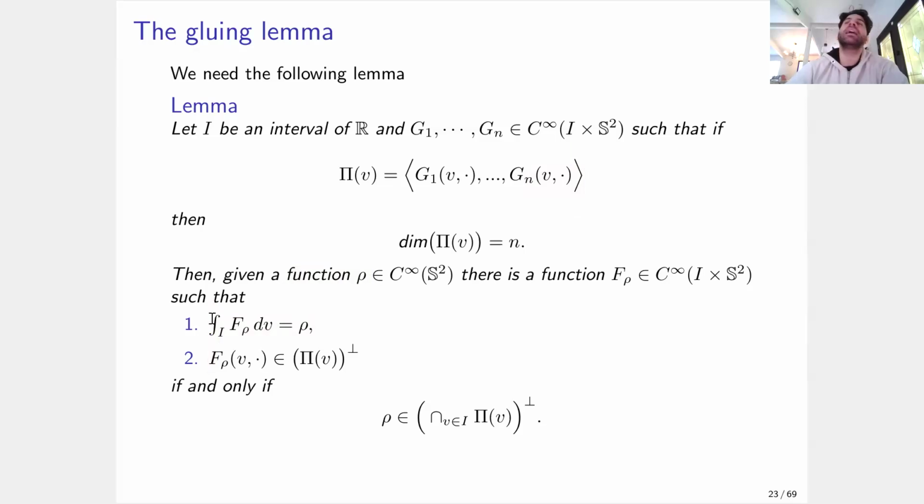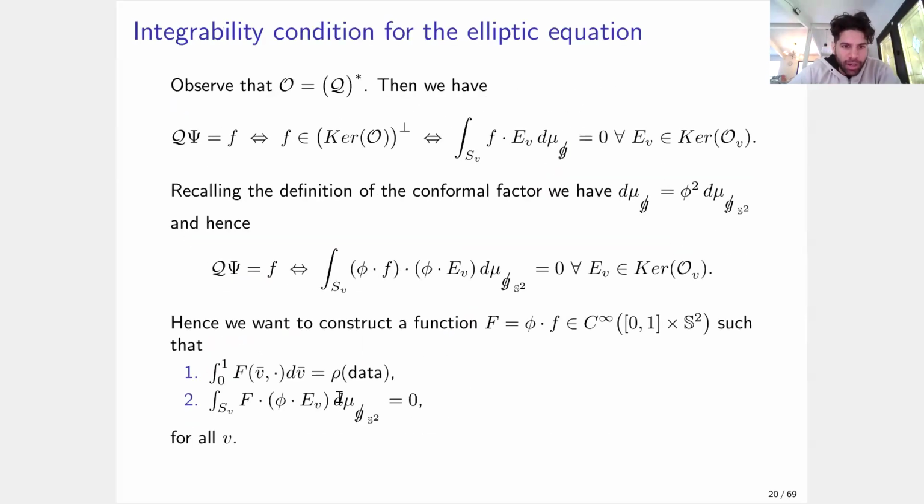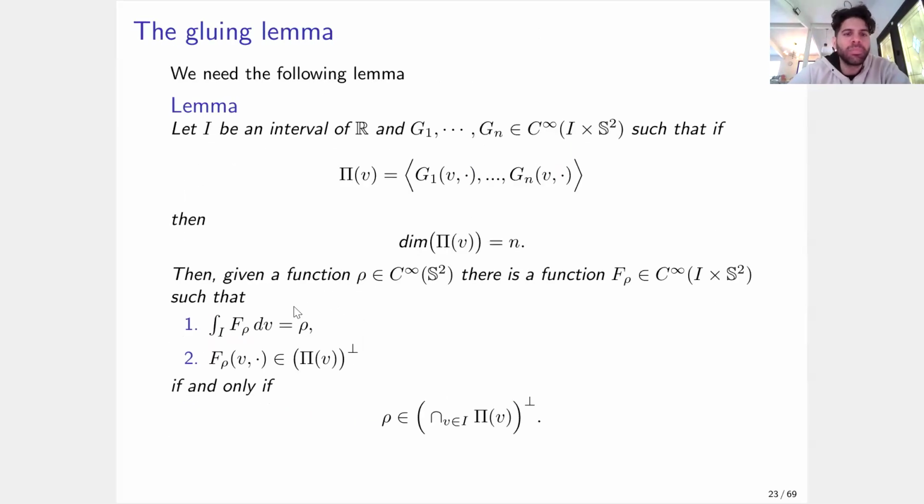This is basically, again, to satisfy the boundary condition, so to glue your two data. And moreover, you want this to be orthogonal to your kernel. And to be a little bit more technically correct, not just the kernel, you want to be orthogonal to phi times the kernel and the unit metric. But this is what you want.